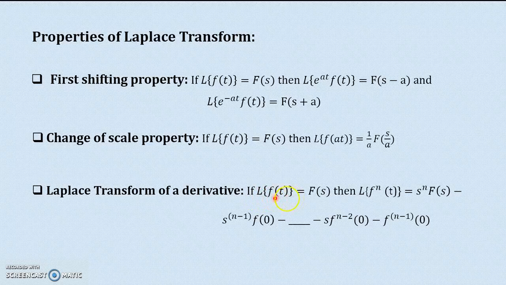That is, if the Laplace transform of f of t is equal to F of s, then the Laplace transform of nth derivative of f of t is defined like this, where the power of s is decreased in each term, and here this F of s is multiplied to s raised to power n, where F of s is a Laplace transform of f of t. F of 0 means when we put t is equal to 0, we'll get the value of f of 0, and so on.